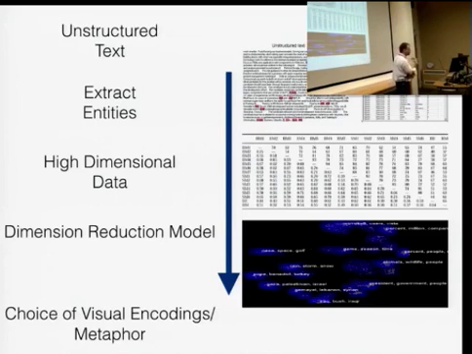You then go through the dimension reduction models, like perhaps PCA that we just talked about, and ultimately, when you map it to a visual metaphor and the encodings and things like that, if you choose to do it in a scatter plot-like approach, you come up with a view that might look a lot like this, where you have clusters of terms, clusters of documents, right?